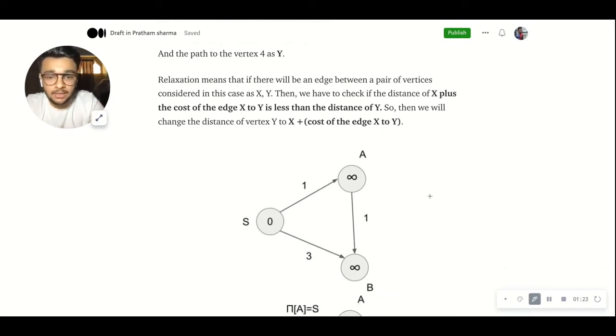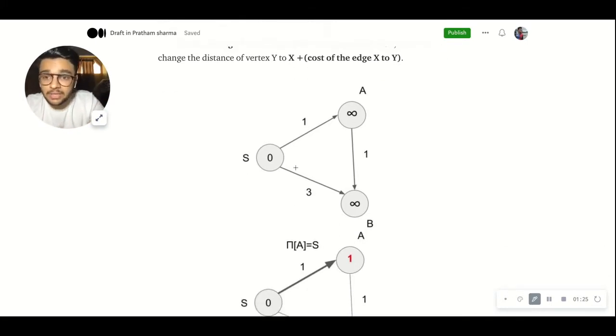Wait, I will explain this. For example, if in this case the distance to S was 0 and the distance to A was infinity, then what we will do is find the sum of the distance of S plus the weight between S and A. If this is less than the distance of A, then we will change it.